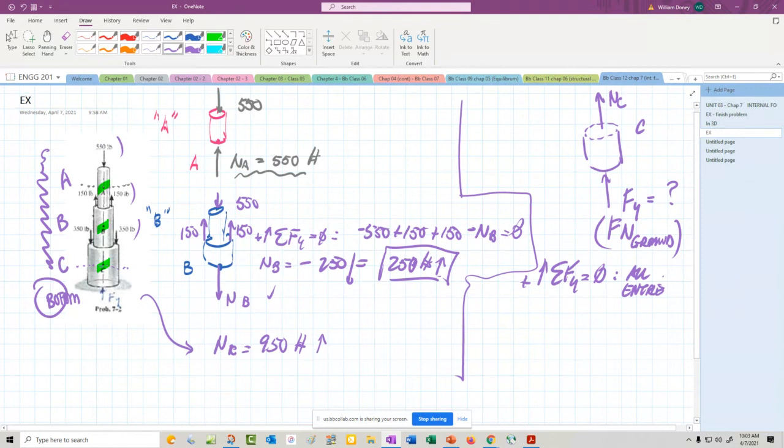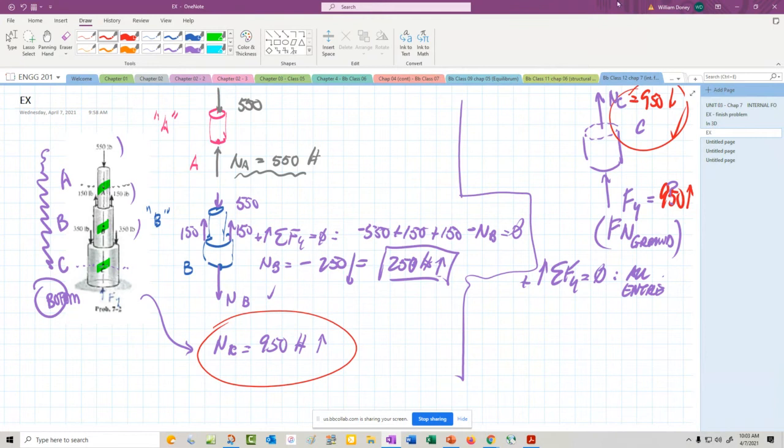Minus another 700, it's minus 950. On the bottom here, this would come out to be 950 up. And if that's 950 up, we would end up with 950 down here, which is essentially what we got on the upper cut. So these numbers would correspond, and that would make sense.